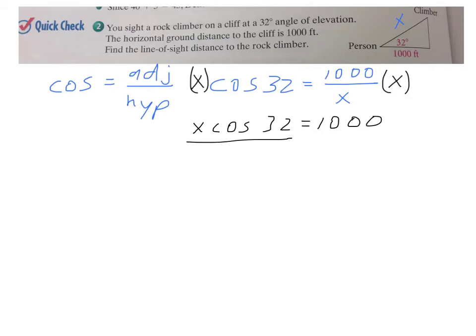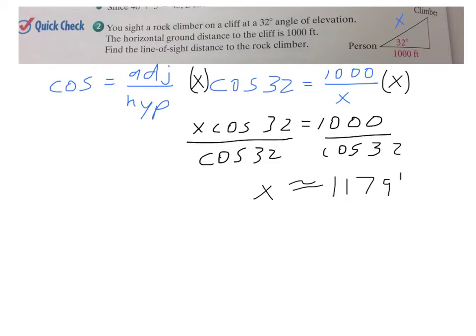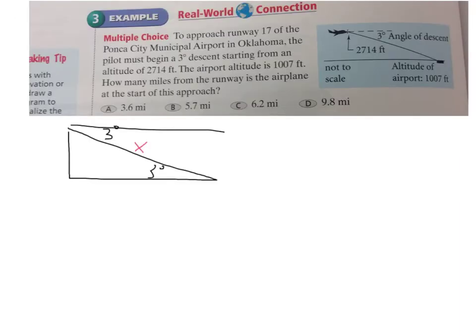Then hopefully you agree you got to divide both sides by the cosine of 32. And so you get x to be approximately equal to 1,179 feet.